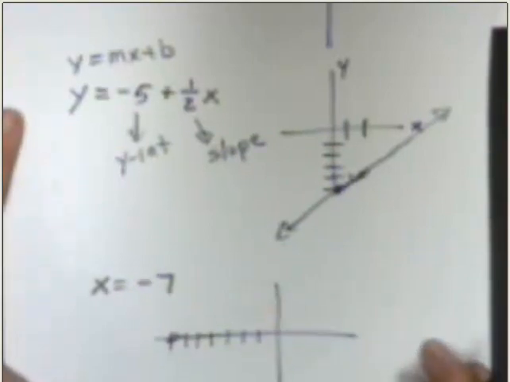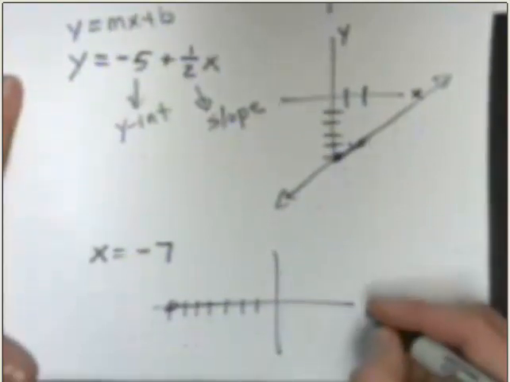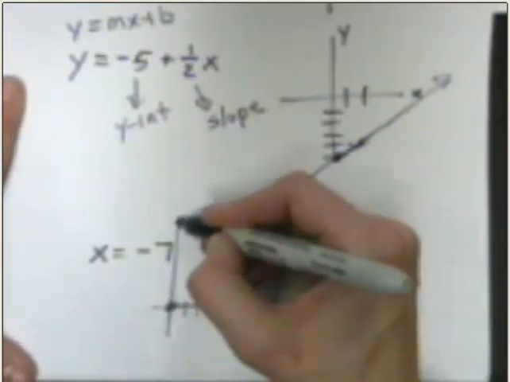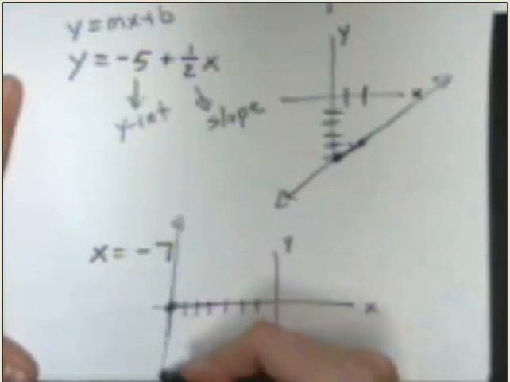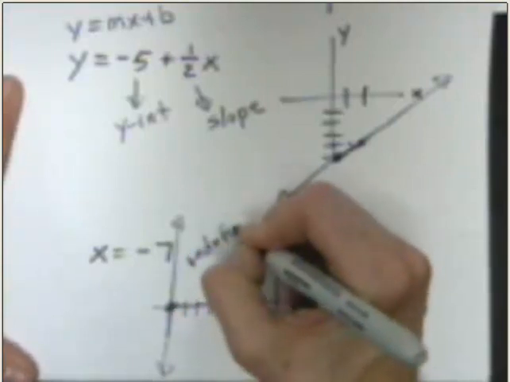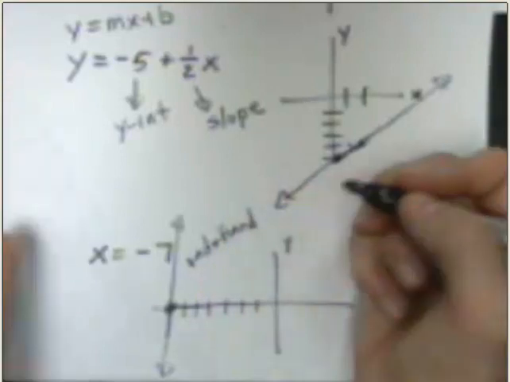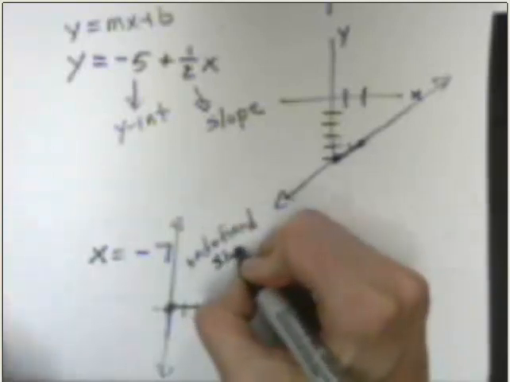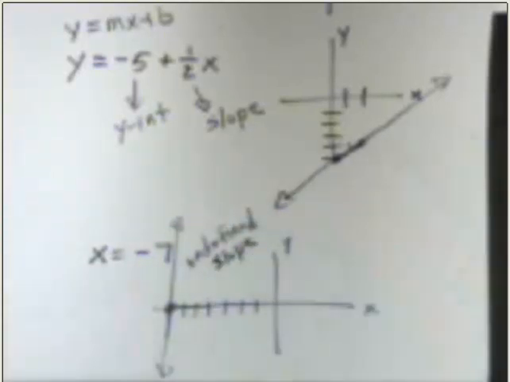So what's happening with my slope? So it's going to be like that. Because it's undefined. This is not a function. It is a line. It's a straight up and down vertical line at x equals negative 7. Undefined slope.